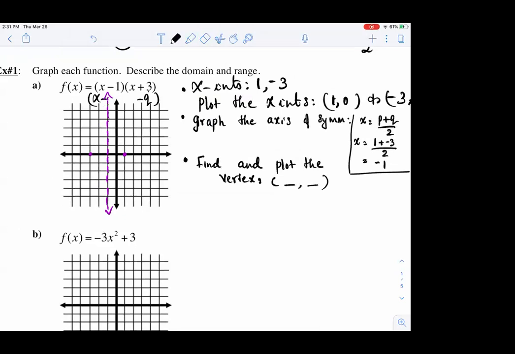You guys already found the x-coordinate. What is the x-coordinate of the vertex? -1. It is the same as the axis of symmetry, so that's -1. Once you find the axis of symmetry, that's always going to be the x-coordinate of the vertex. Okay, now we need to find the y-coordinate. I'm going to do the work on the side. How do you find the y-coordinate?